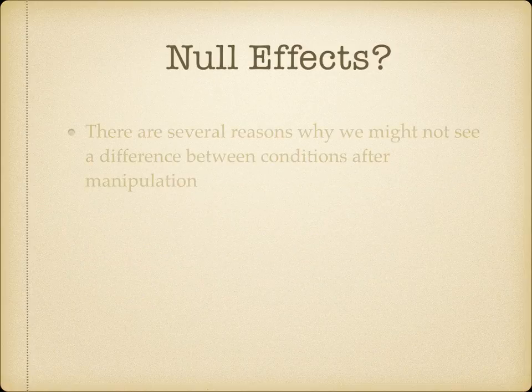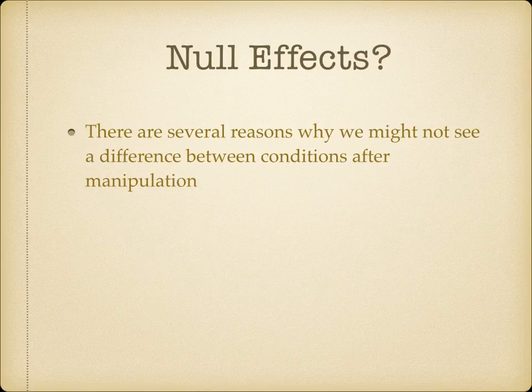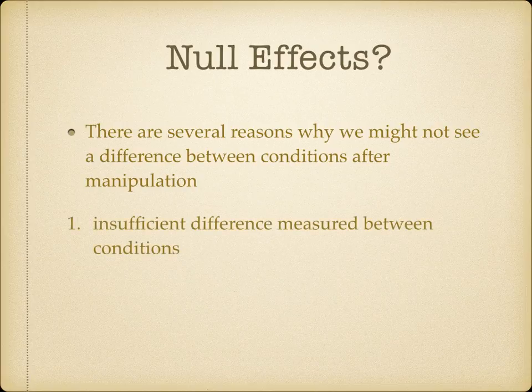There are several reasons why we might not see a difference between the conditions after a manipulation. One, there's an insufficient difference measured between the conditions. Now, this can happen for a variety of reasons. Your book goes into a great deal of detail about it. I'm just going to mention a couple of these things. It could be the manipulation was kind of weak and didn't really create the opportunity for a difference to be measured.